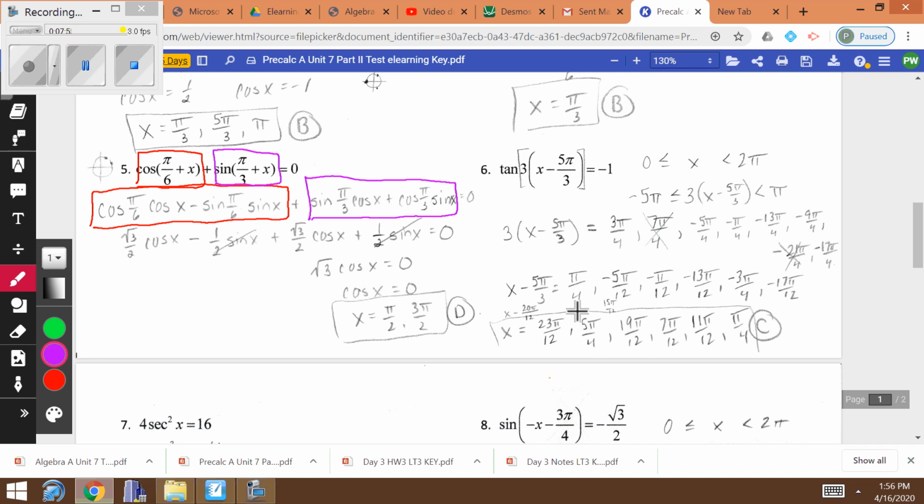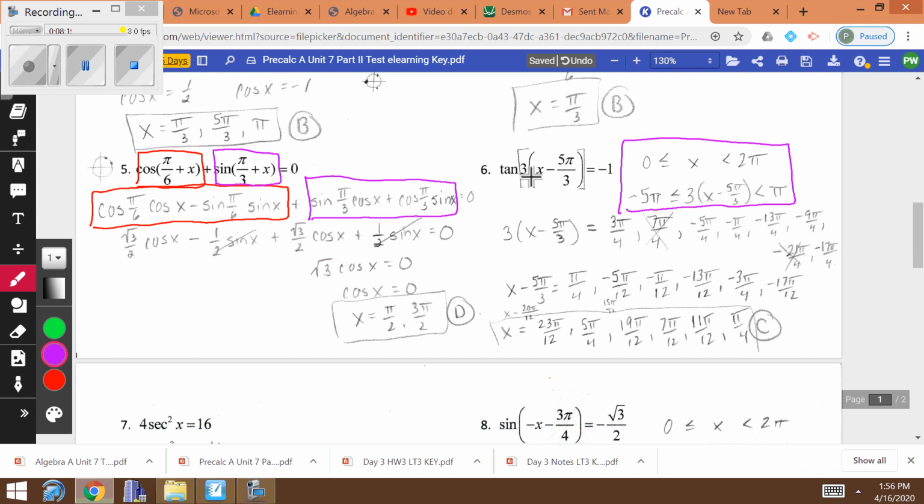Number 6, there was a lot involved, and I had a number of people whose work didn't match on this one here, particularly in the interval up here. When we're looking at the interval, again, we've got to follow our order of operations. I am subtracting 5 pi over 3 from all of these first. So 0 minus 5 pi over 3, we get negative 5 pi over 3.